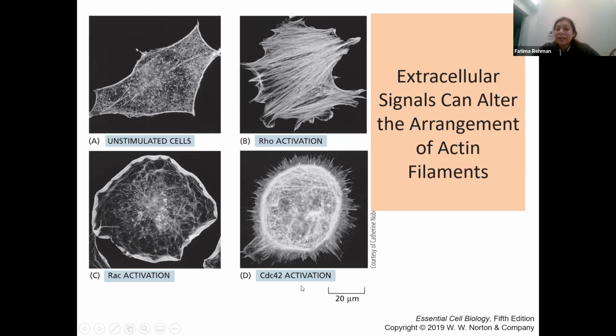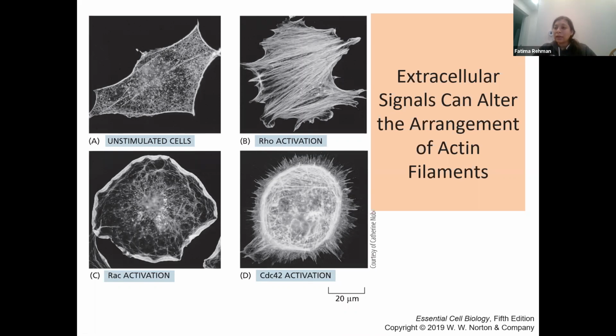If you have CDC42 activation on the other end, that is a very different type of activation, which is kind of causing the cell to lift up and ball up essentially, right? So in this case, the cortex is actually depolymerizing all along the cortex and not just in one place.